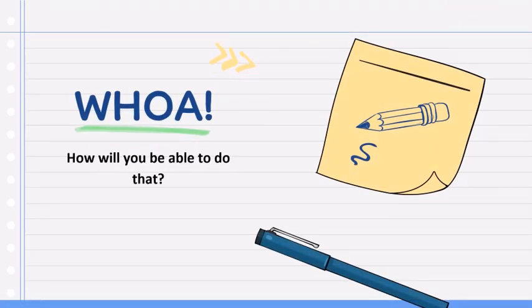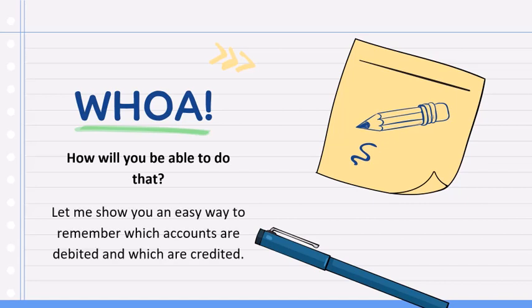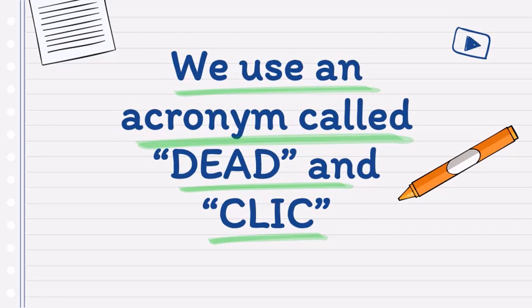This might sound crazy and you might not know how to do it, but I'm going to show you a very easy way to remember which accounts must be debited and which ones must be credited. We use a cool acronym or a little rhyme called DEAD and CLIck to help us determine the debits and the credits.